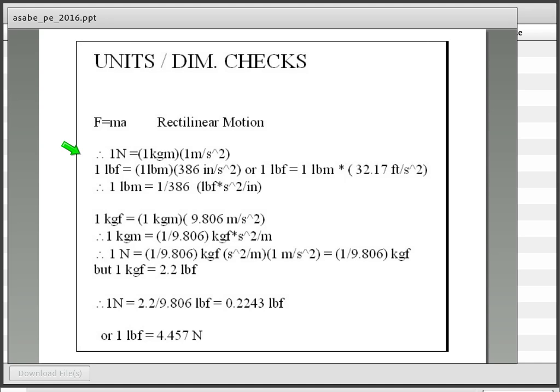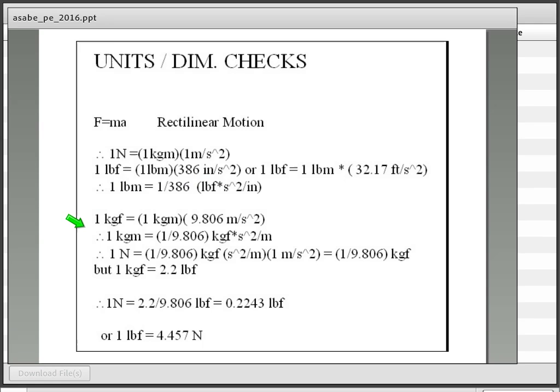Or the other way to think about it is that at standard gravity, at sea level, 1 pound mass weighs 1 pound force, and not 32 pounds, as some try to do. You've got to be sure you're carrying these units along in order to be correct. We would not say that 1 pound mass equals 1 pound force, but it's 1 over 386 pounds force second squared per inch.